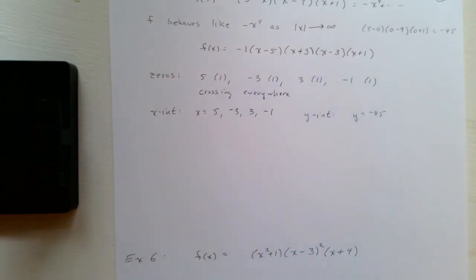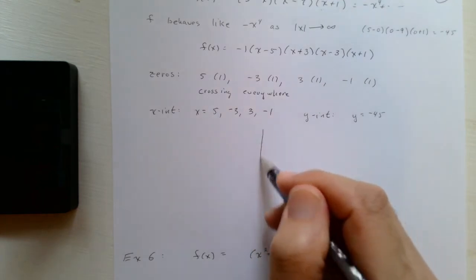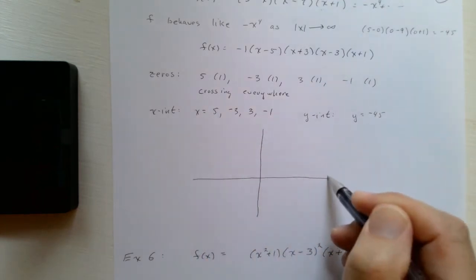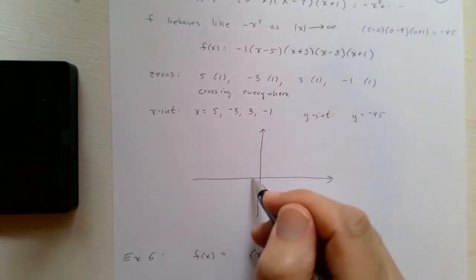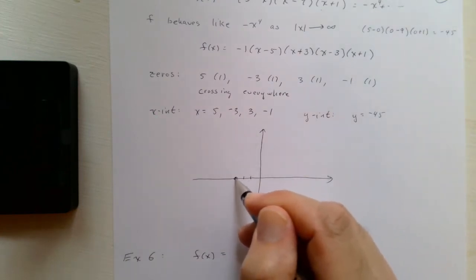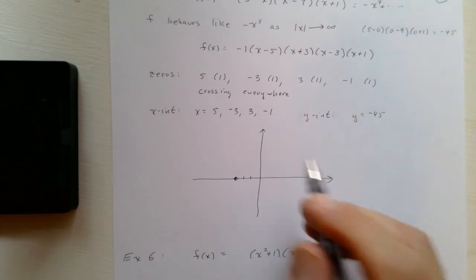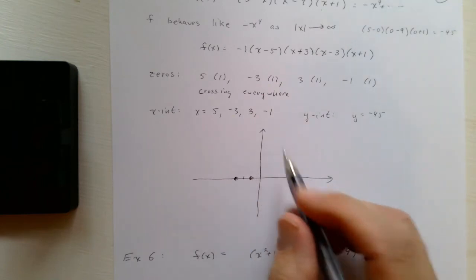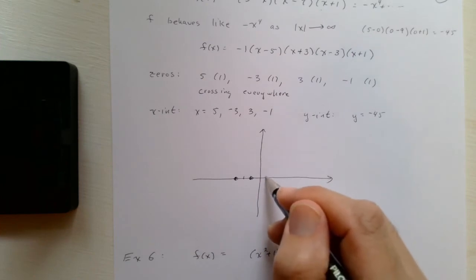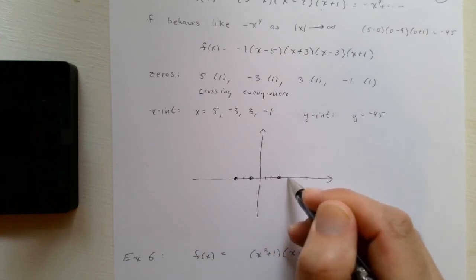Okay, so now I guess we just have to plot this. We plot our intercepts. Negative 3 is the least one. Then negative 1. Then 3. And then 5.